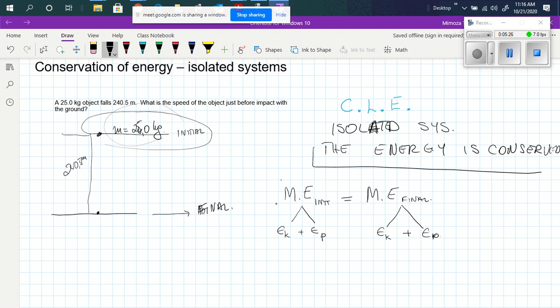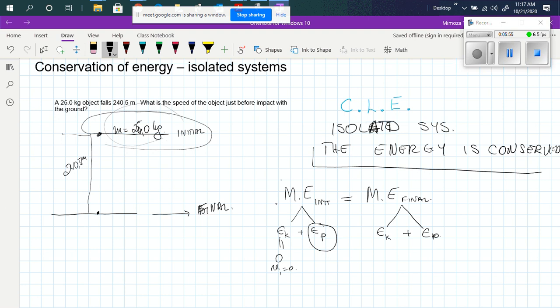Since the object is at a certain height, we have only gravitational potential energy. Kinetic energy in this case is equal to 0. How do we know that it is equal to 0? The object is dropped. Okay, that means that the velocity is equal to 0, so 1/2 m v squared initial is equal to 0.